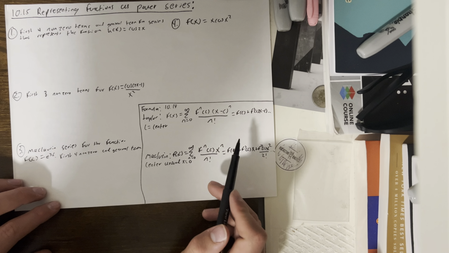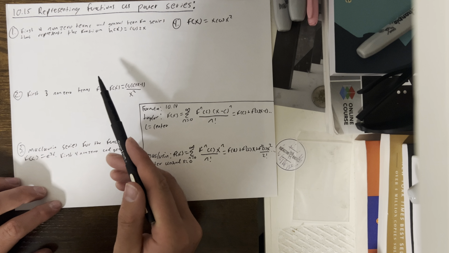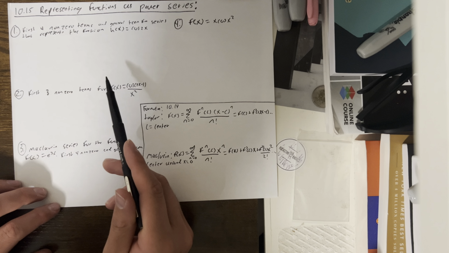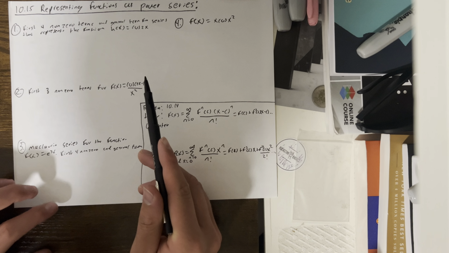Okay, so the example for one of these questions is: write the first four non-zero terms and general term for the series that represents the function h of x equals cosine of 2x.